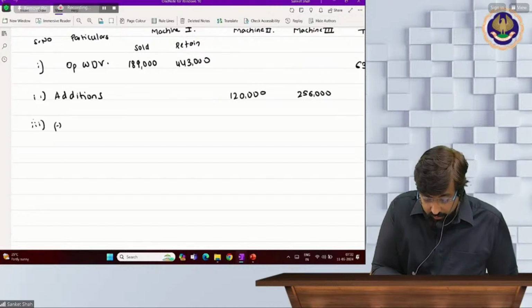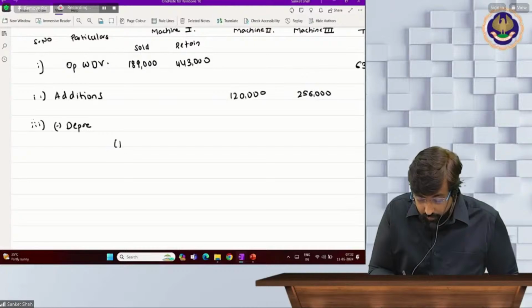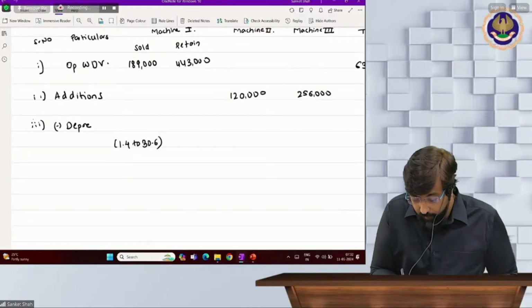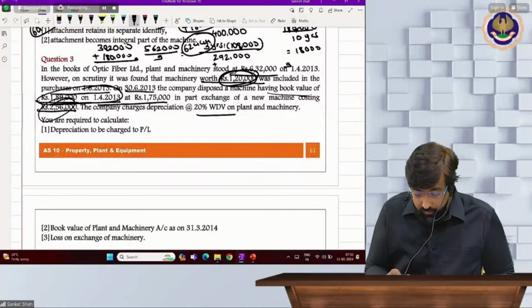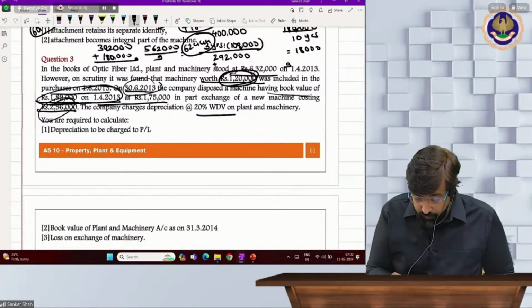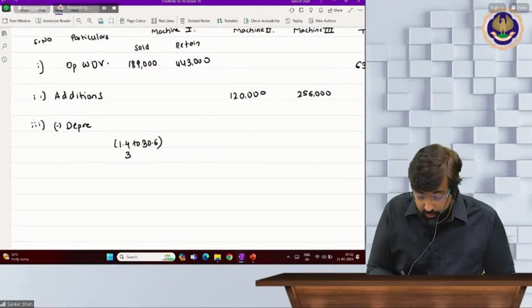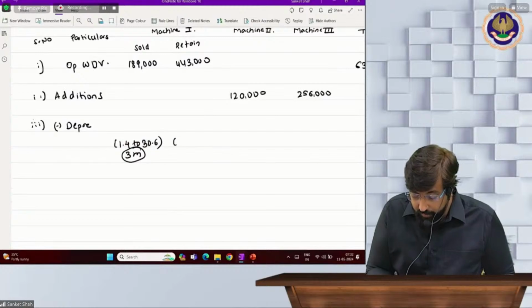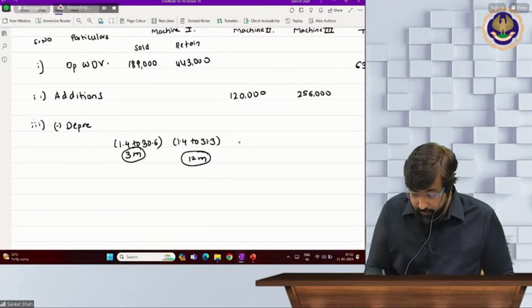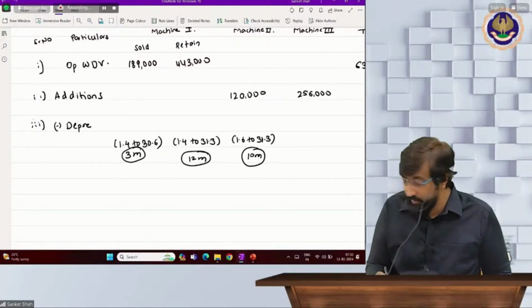Now we will calculate depreciation. The machine sold on 30th June has 3 months depreciation. This asset is retained, so this is full 12 months of depreciation. 1,20,000 you bought on 1st June, 1st June to 31st March, so you will get depreciation of 10 months.